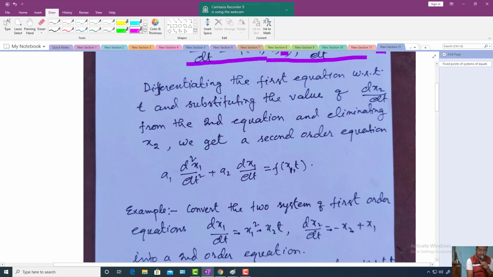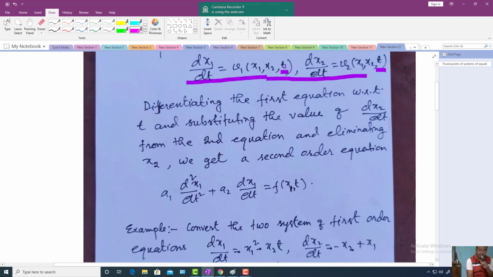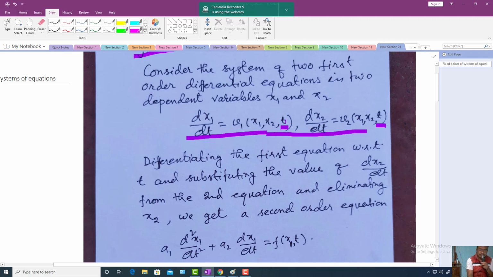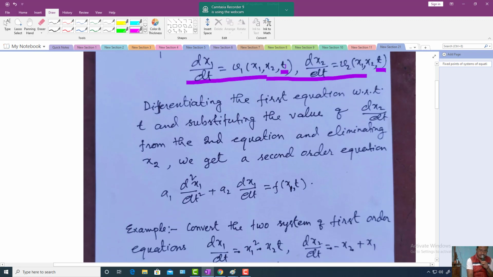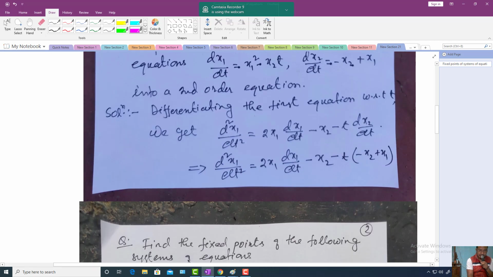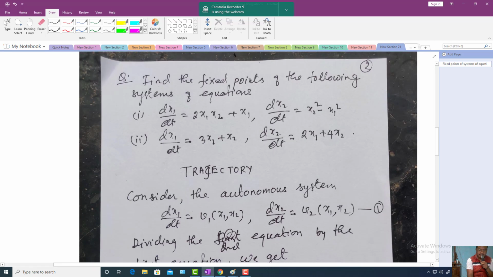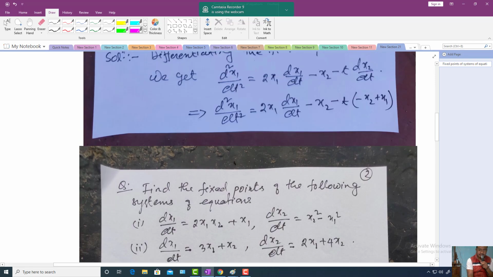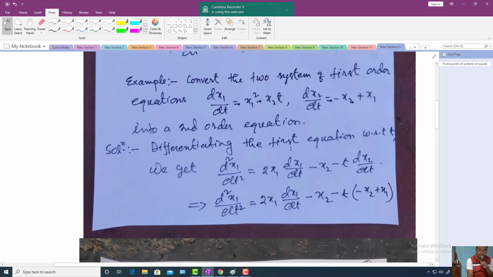We have already done this part, how to convert this into a single second order differential equation.